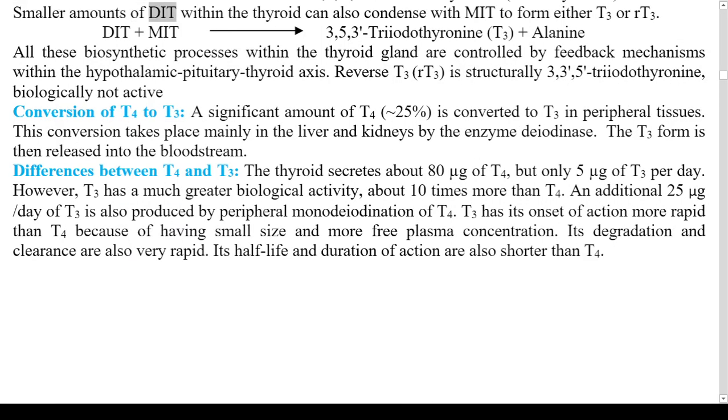Smaller amounts of DIT within the thyroid can also condense with MIT to form either T3 or RT3. DIT plus MIT yields 3,5,3'-triiodothyronine, T3, plus alanine. All these biosynthetic processes within the thyroid gland are controlled by feedback mechanisms within the hypothalamic-pituitary-thyroid axis.